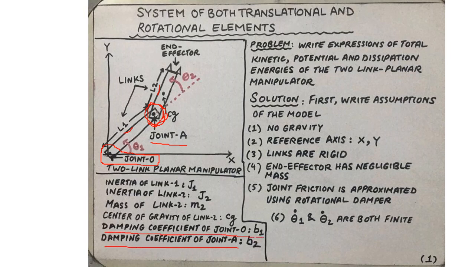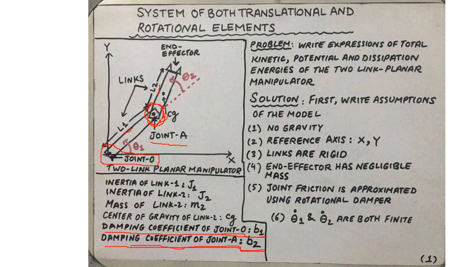And the friction is modeled by means of a rotational damper because there is a rotational motion about these joints. So the damping coefficient of a rotational damper representing friction at joint 0 is B1. The damping coefficient of joint A damper will be B2.